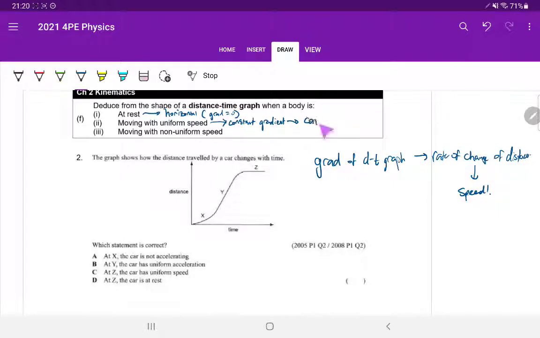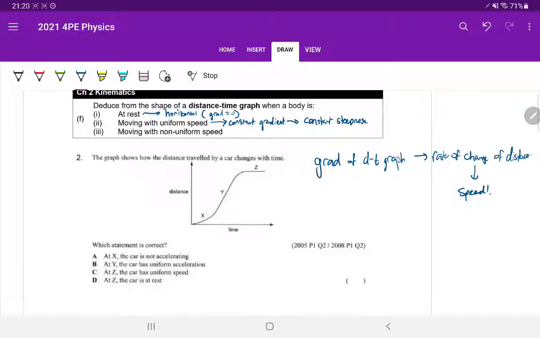So it's constant steepness. Okay, where do you get constant steepness in this graph? Can you see that this region here is constant steepness? If you are walking from left to right, the steepness is constant. So this region here is constant steepness, is uniform speed. Okay, so gradient is constant.